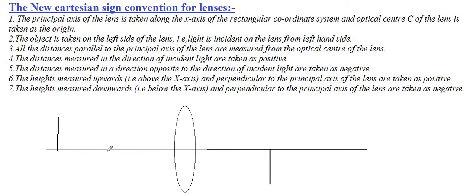So this horizontal line is acting as a principal axis, and the optical center should be on the origin of the x-axis. x-axis पे हमें principal axis को लेना है, x-axis का जो origin है वहां पर हमें optical center को consider करना है.